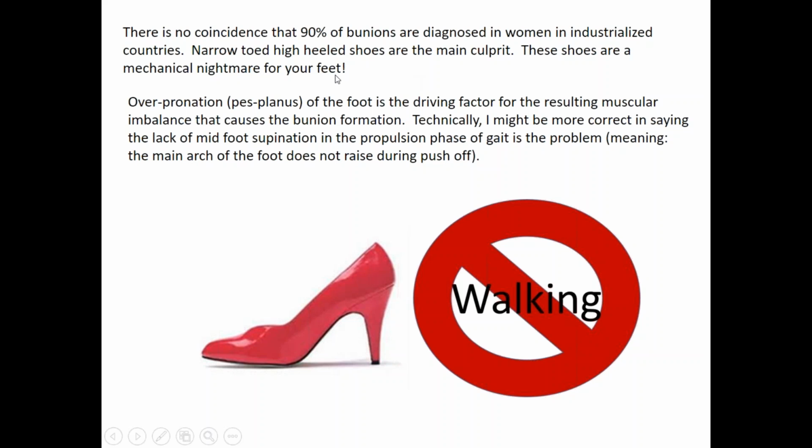The women, when they wear them all the time and shoot to work and stuff, okay, they're a mechanical nightmare for your feet. Overpronation, which is, as you guys should have known, fallen medial arch, flat foot, pes planus, is the driving factor for the resulting muscular imbalance that causes the bunion formation, okay?